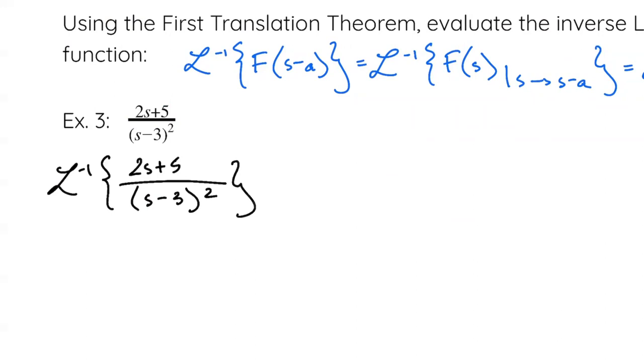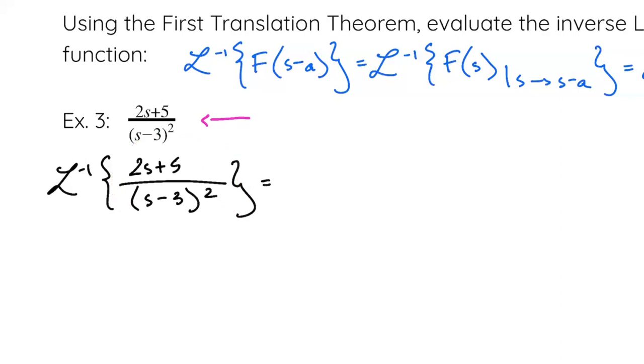Let's see if we can break this up into things where we can actually read from the table, okay? We might even want to remind ourselves that we're reading from the right-hand column back to the left-hand column in our table. And I think we know by now that when we see something like this, we're going to need to use partial fractions, right?